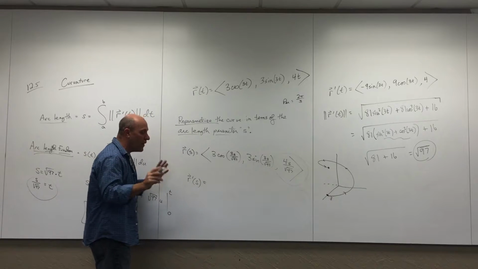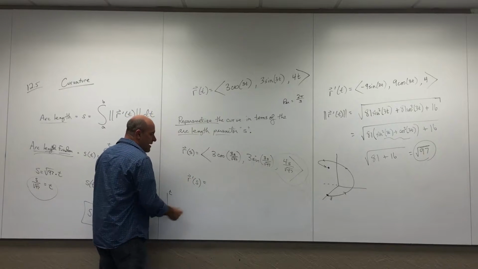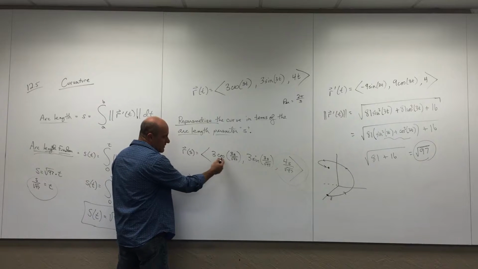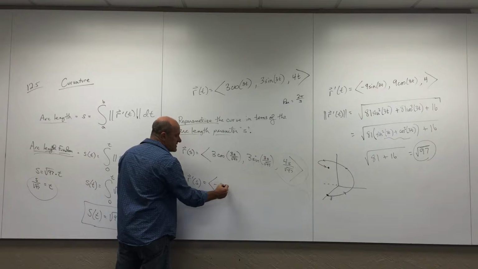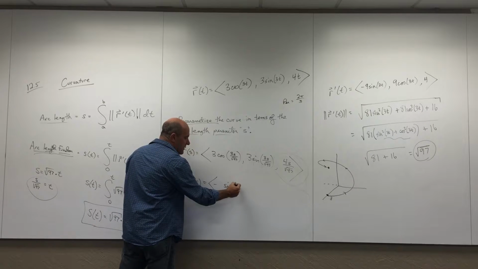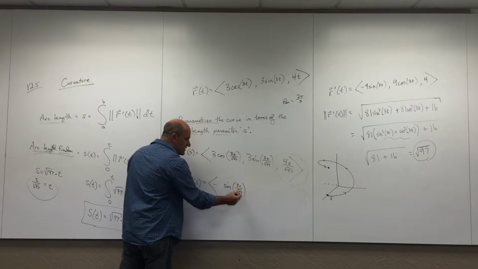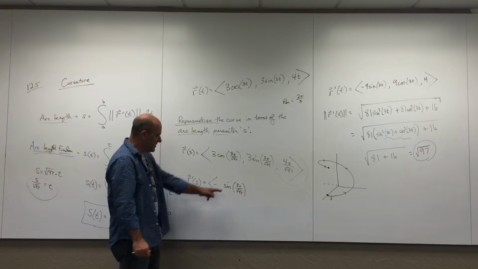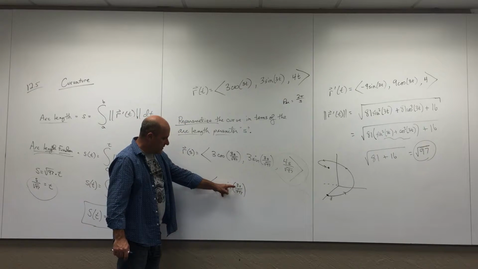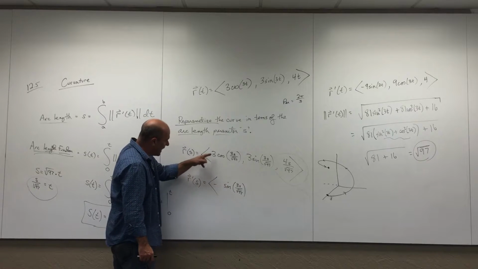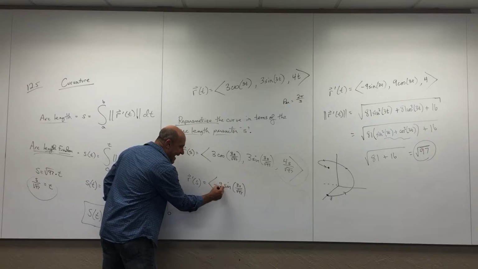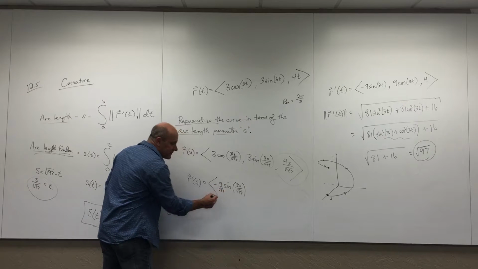I think this is always true. I'm going to find r prime of s. Okay, that means I have to do the derivative of cosine again. Of course, that's negative sine. When I do this with respect to s, what's it going to spit out? 3 over the square root of 97. Out front times that other 3 would give me 9 over the square root of 97.